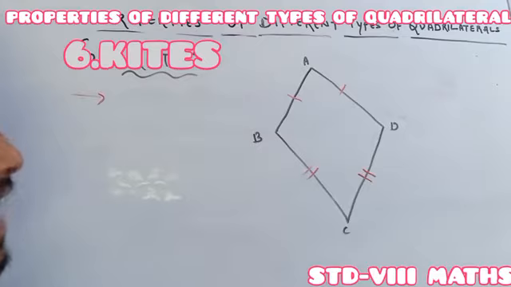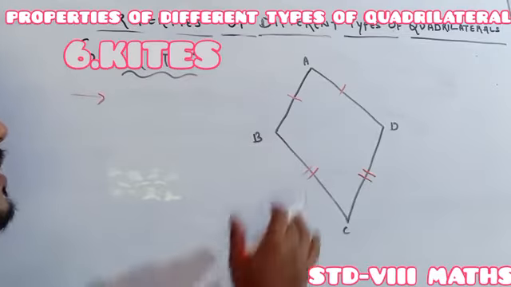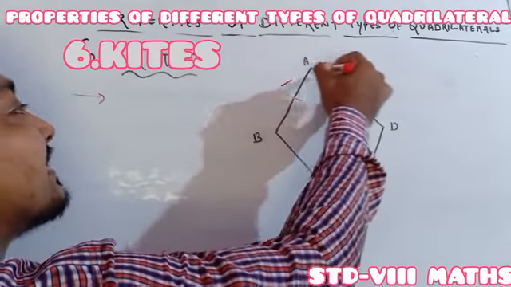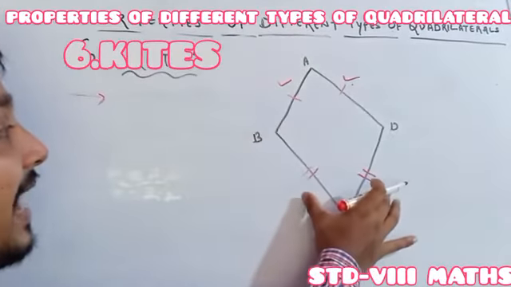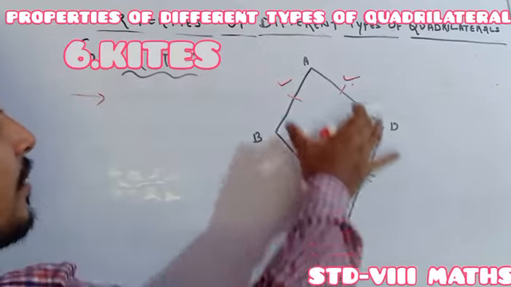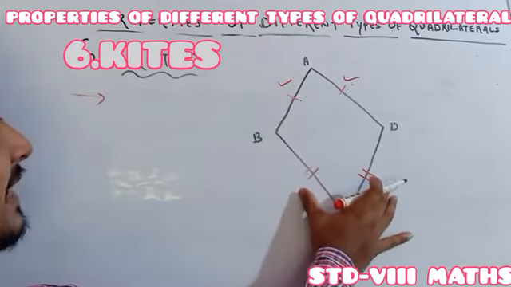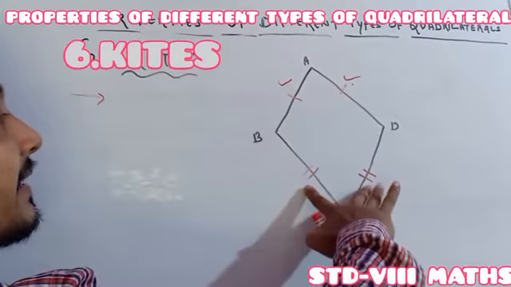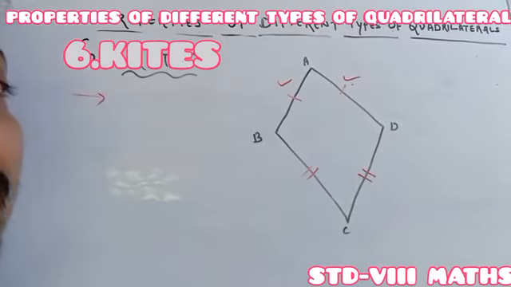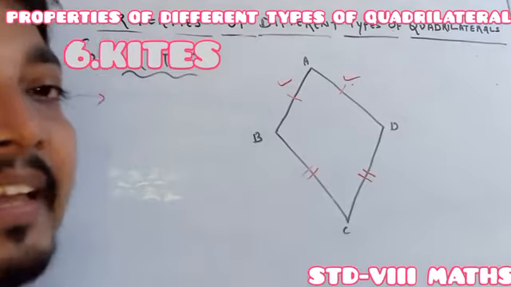Another point you have to remember is the two pairs of adjacent sides. One pair of adjacent, nearer, means adjacent. Here is another pair of adjacent sides. Both pairs of adjacent sides are equal. Not these two that are equal; here is one pair, here is another pair. So it means two pairs of adjacent sides are equal.